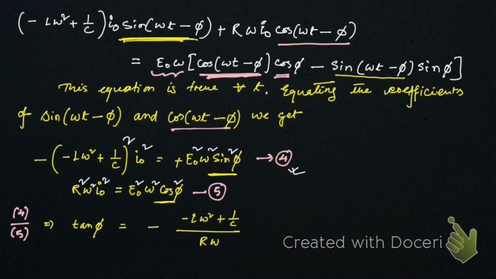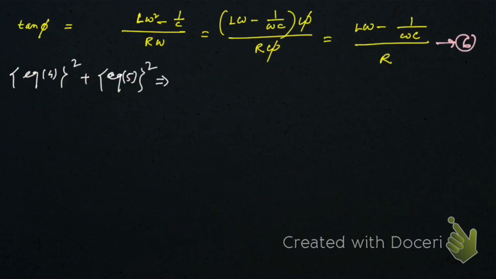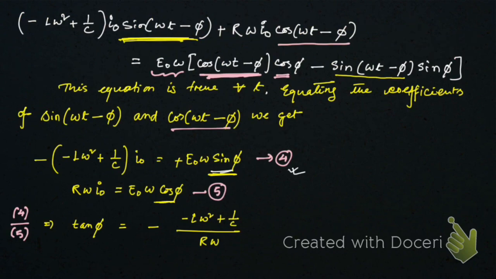Then if you add these two equations, you can take e naught square omega square common on the right hand side, right? And then on taking e naught square omega square common, you will get sine square phi and cos square phi, right?